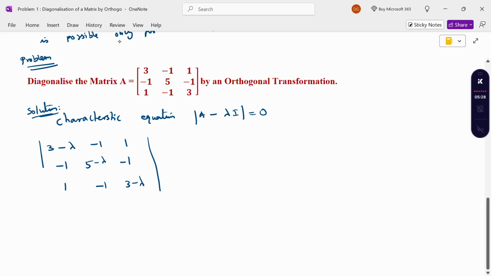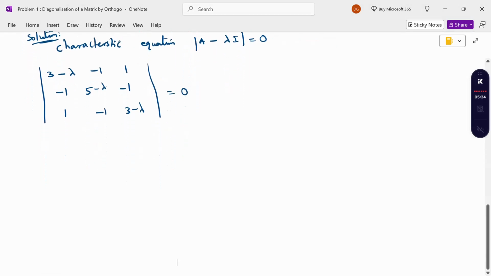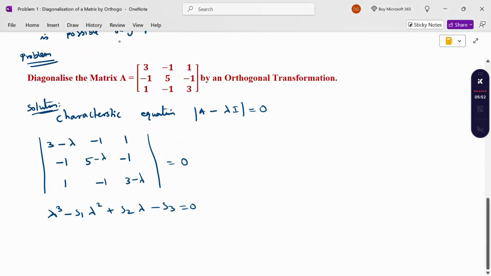Take this determinant equal to 0. When I expand this determinant, the characteristic equation comes as a cubic polynomial, lambda cube minus S1 lambda square plus S2 lambda minus S3 equals 0.